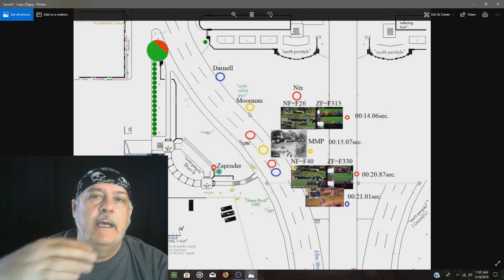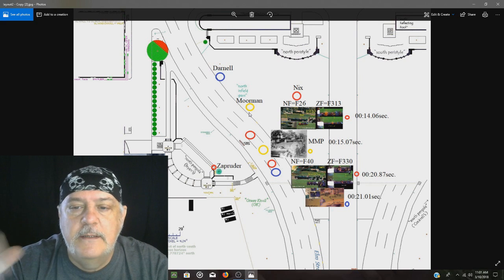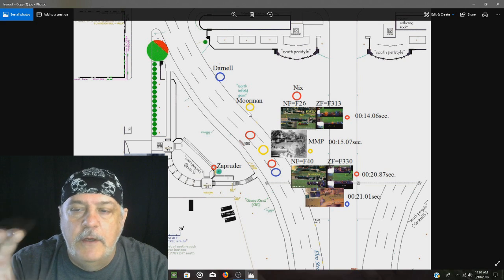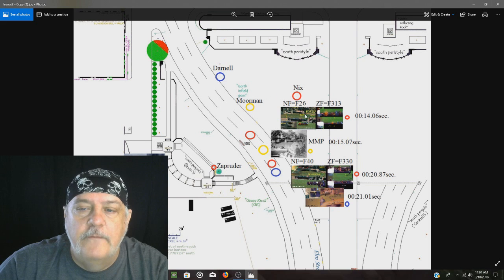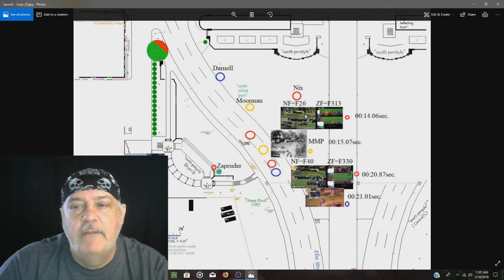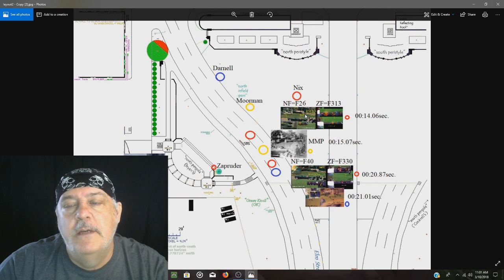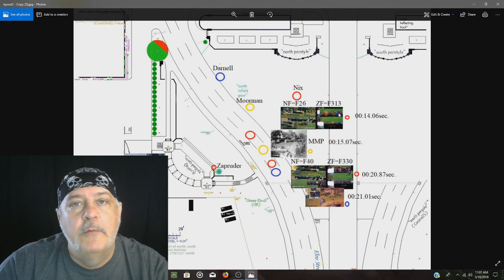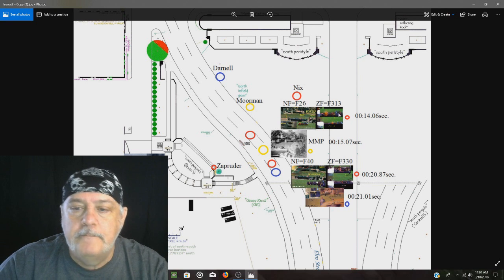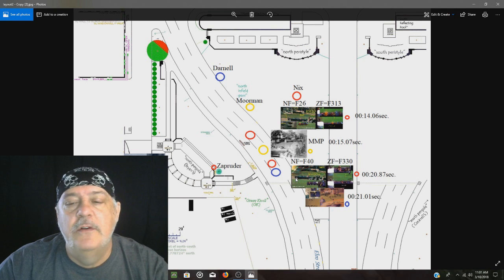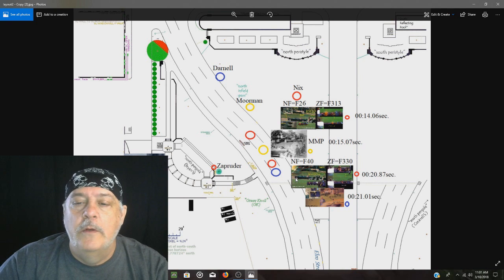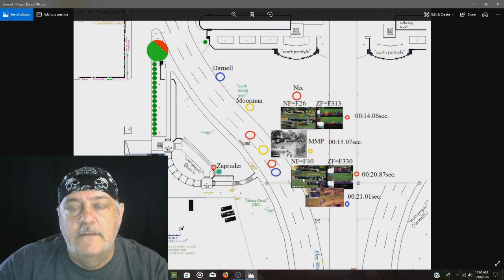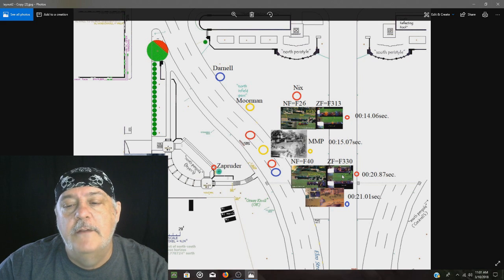So now we can place time frames on these images. The first shot, the fatal headshot to JFK, happened at 14.0 seconds. That's frame 26 of the Orville Nix film and frame 313 of the Zapruder film. Then we have the shot to Governor Connally, which was frame 40 of the Orville Nix film or frame 330 of the Zapruder film.